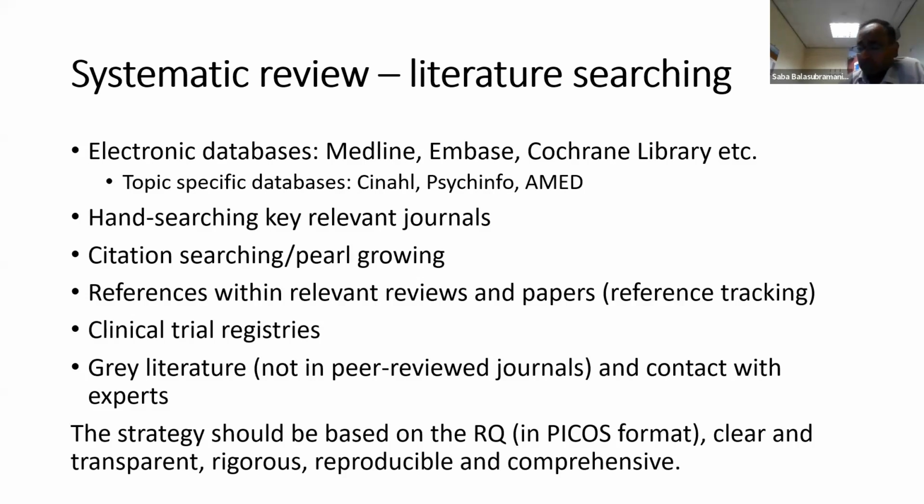Some people would search some key relevant journals where they think articles might be published that may not necessarily be picked up on searches. Some people will look at the bibliography of the included papers and search similar or linked articles to the articles they've already found. It's also a good idea to go through clinical trial registries.